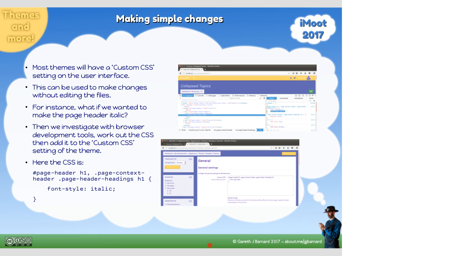You can start to learn a bit of CSS, because most themes have a custom CSS box which allows you to do that. You can use the browser development tools: you press F12 on most browsers, they pop up, and you can learn to use them to manipulate what's on the screen.